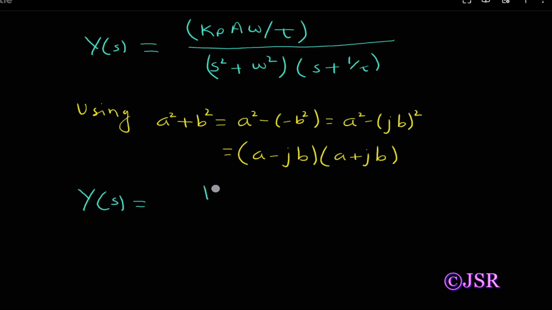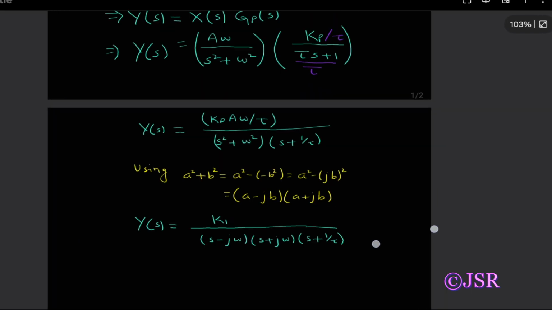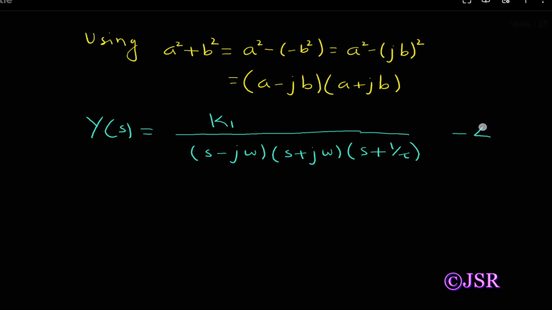So finally we will get y of s equal to, let's say the numerator equal to K1, and in the denominator we will have s minus j omega, s plus j omega, and then s plus 1 by tau. So this is equation number 4.